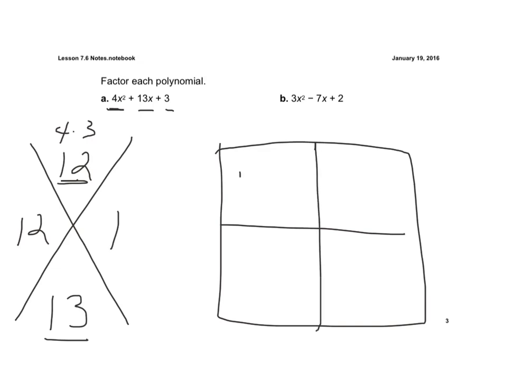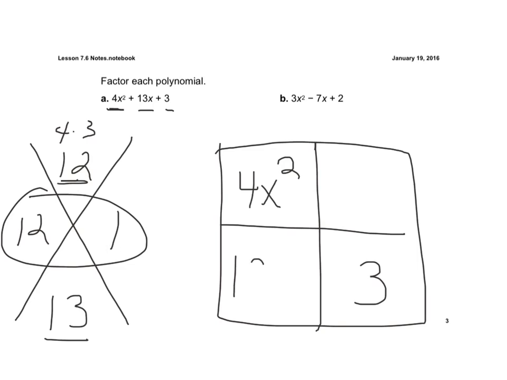So again, the first term of my quadratic trinomial goes there. My last term goes there. And now those two terms with x's go in here. And now if I look at the top, my common factor is x. And if I factor the x out, then I have 4x plus 1 across the top.